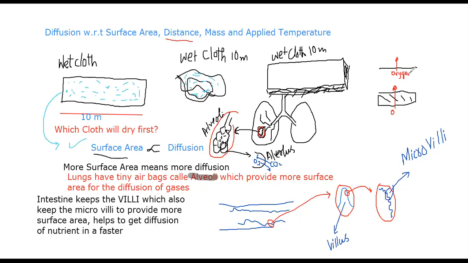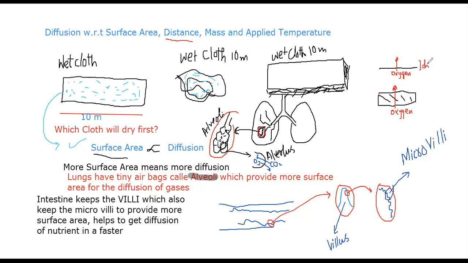Okay, and if the diffusion of oxygen is going to happen from the thick membrane, which covers more distance, what does it mean? It means that this oxygen will take more time to diffuse out or to be absorbed, but as compared to this surface, it will take less time because its total distance is very less.